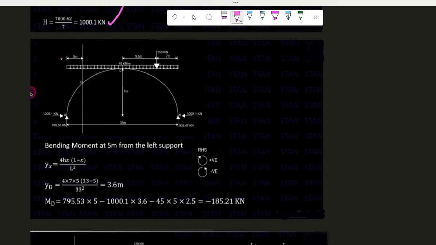Next, the bending moment at 5 meters from the left support. Taking a section 5 meters from the left end, before applying moments, find the height at this section using the formula 4hx(L minus x)/L square. Here h is the rise of the arch, 7, x is the distance 5 meters, and L is the span, 33 meters.